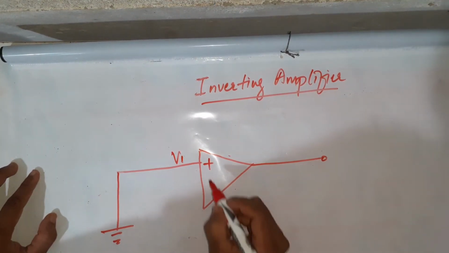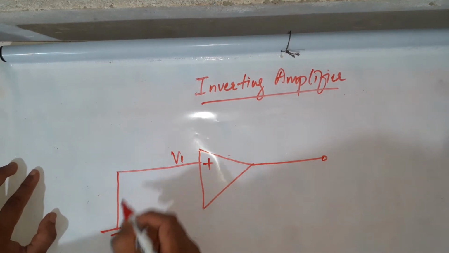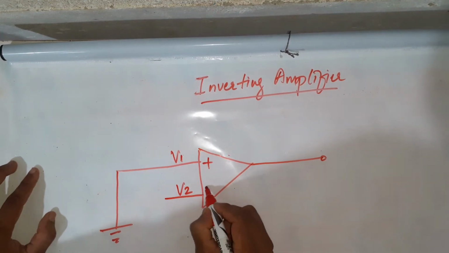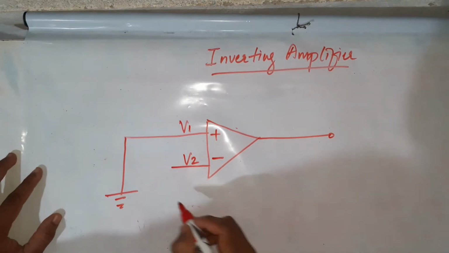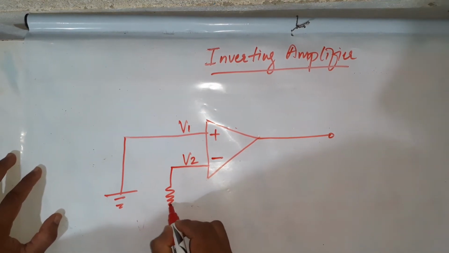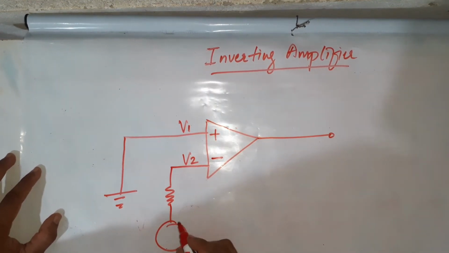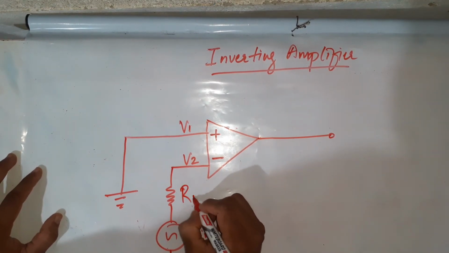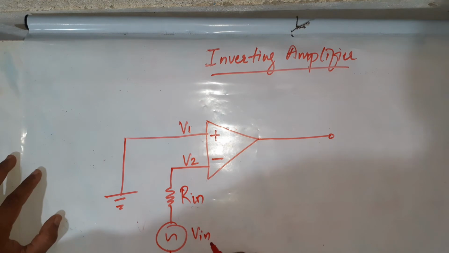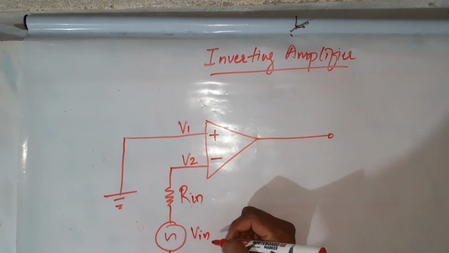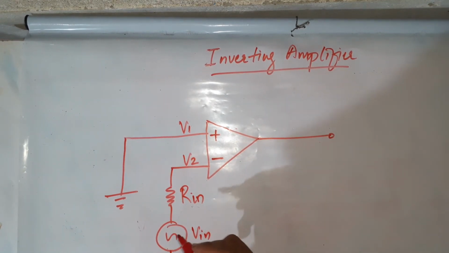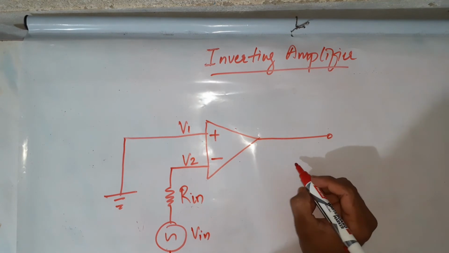Okay, because plus, your non-inverting terminal, is grounded, nothing is applied, whereas this is your V2, which is the inverting terminal. This is supplied with a signal source supply voltage. Okay, V in. This is your R in, V in. There is no R in 1, R in 2 or V in 1, V in 2. This happens only in differential amplifier, whereas in inverting amplifier there is only one input applied and the other input terminal is grounded. Okay, what will be your output?